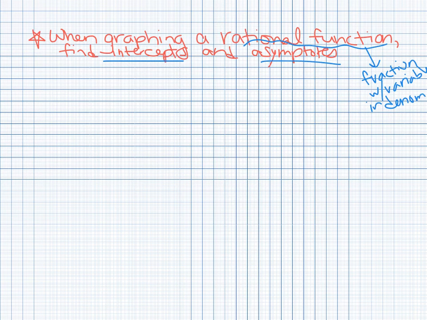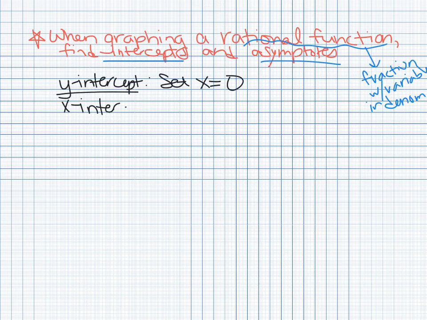Okay, so let's talk about intercepts first. So if you recall, you find the y-intercept by setting your x values equal to 0. With functions, you are not going to have more than one y-intercept, but you are sometimes going to have more than one x-intercept.